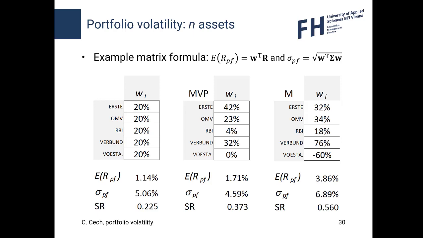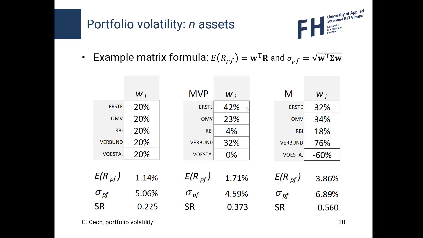Like before in this video, I have conducted some optimization procedures using Excel solver to calculate the minimum variance portfolio and the market portfolio. You find here the weights and the results for our initial problem setting, and here you find the results for the minimum variance portfolio.